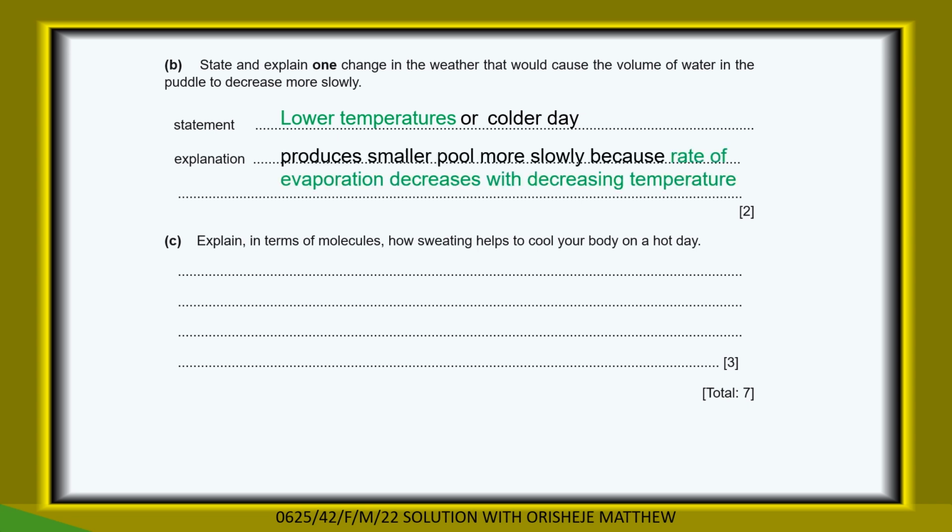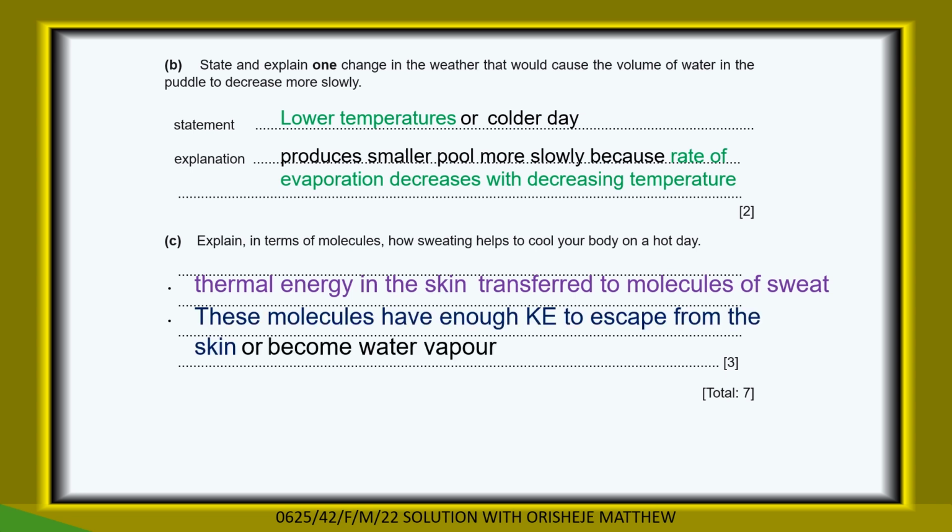So then explain in terms of molecules how sweating helps to cool your body on a hot day. Now what happens is that thermal energy in the skin is transferred to water molecules. So when that happens, the molecules that have enough energy to escape from the skin become water vapor.